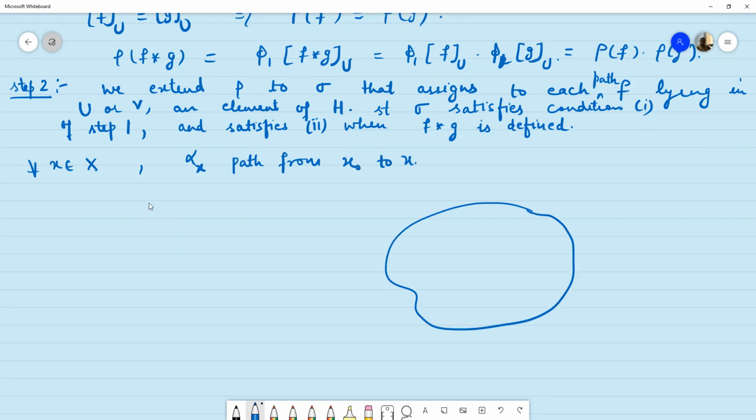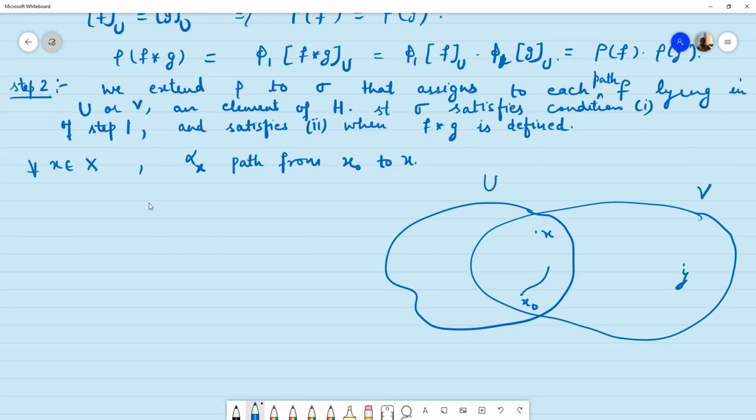Say this is U, this is V, and the intersection portion is U intersection V. Now we have this point x0 lying in U intersection V. Let us say point x is here, point y is here, then the path from x0 to x, let us say this is alpha x, and the path from x0 to y is alpha y. So for any x in X, we take alpha x to be a path from x0 to x. Since we are assuming that this space is pathwise connected, that's why we can take the path alpha x.